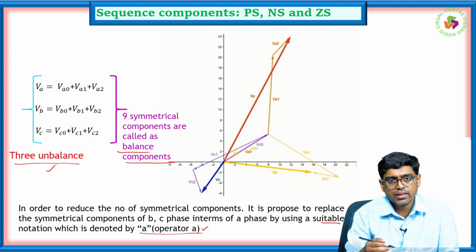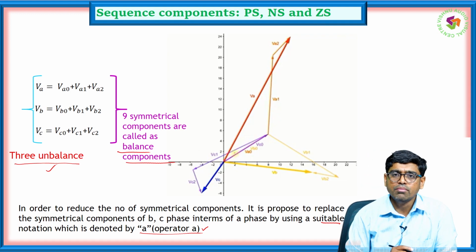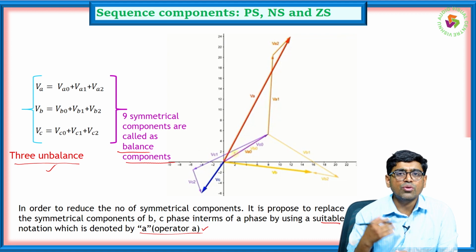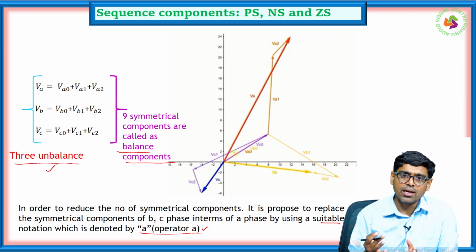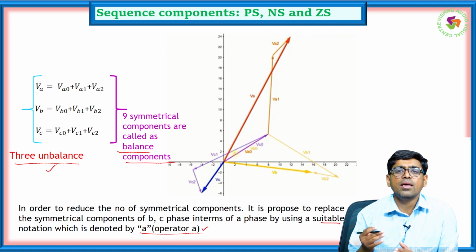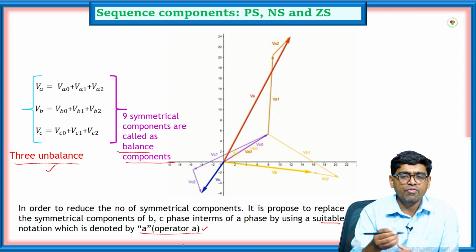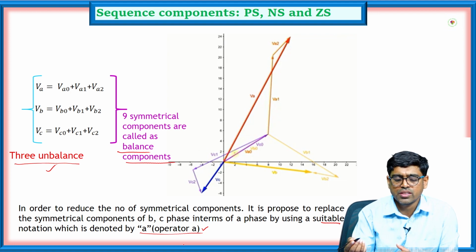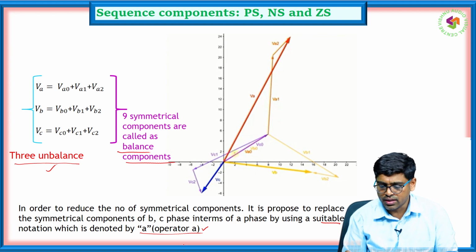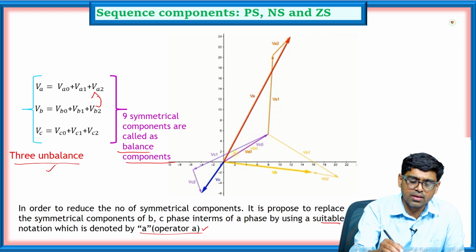Analyzing unbalanced quantities takes more time, so to reduce the time we go for symmetrical components. So we represent VB0, VB1, VB2 and VC0, VC1, VC2 in terms of VA0, VA1, VA2.